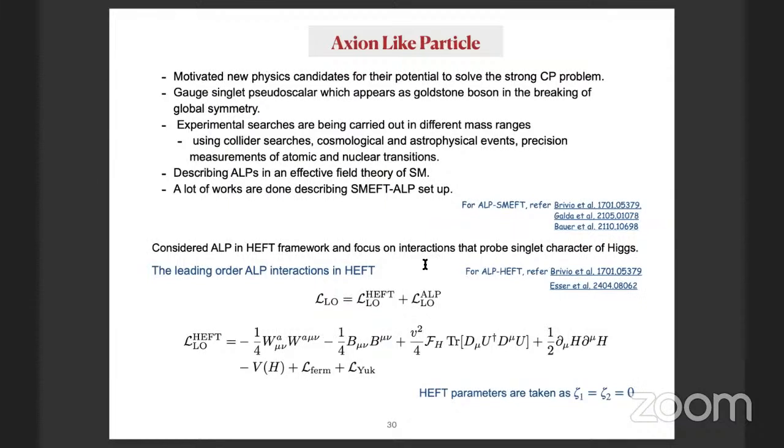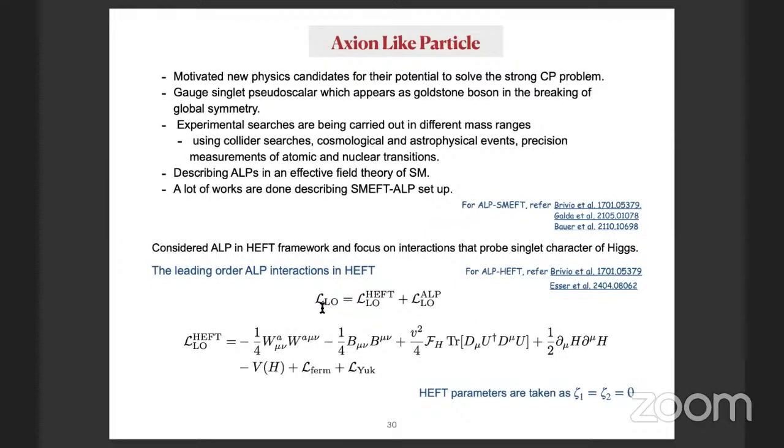And what we did, we considered ALP in a HEFT framework, and we focused on the interactions of the ALP with a single Higgs, like the singlet character of the Higgs. For the ALP HEFT, this was first done in this paper by the IFT Madrid group, and we followed their papers and considered the Lagrangian.